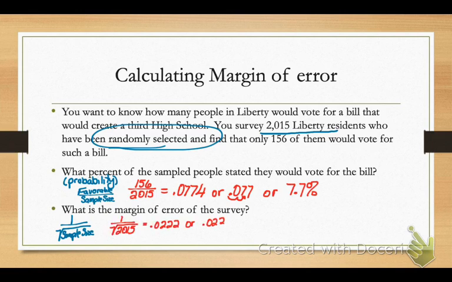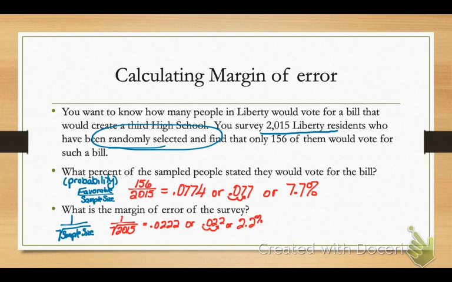So I'm going to say 1 divided by the square root of 2015 is 0.0222, or rounded to 3 decimals is 0.022. And then I'm going to change it to a percent by moving my decimal place 2 places to the right. So my margin of error of this survey is 2.2%. So it's even lower than 3%. So this is a fairly accurate survey.